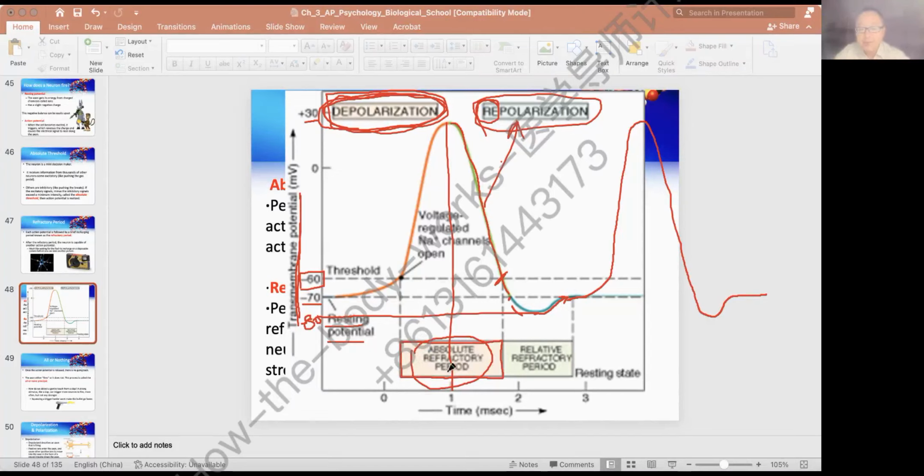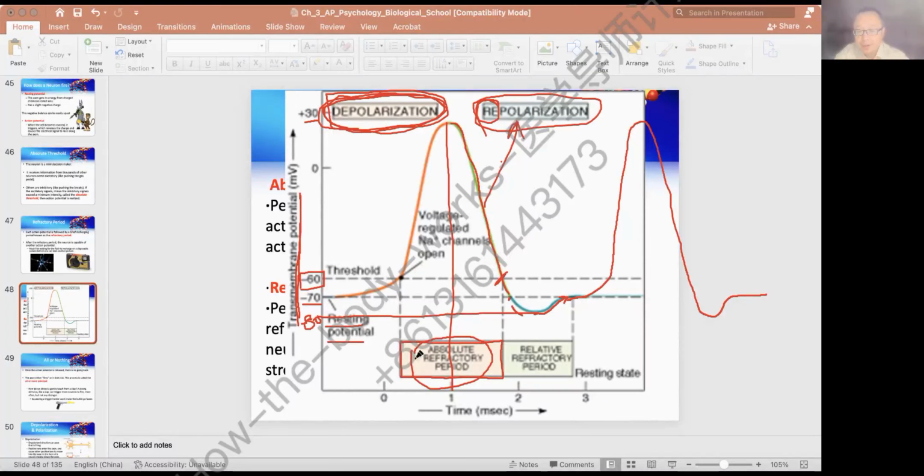This period, absolute refractory period, is from minus 60 mV, and then during experiencing depolarization and repolarization, and when the transmembrane potential reaches minus 60 mV.